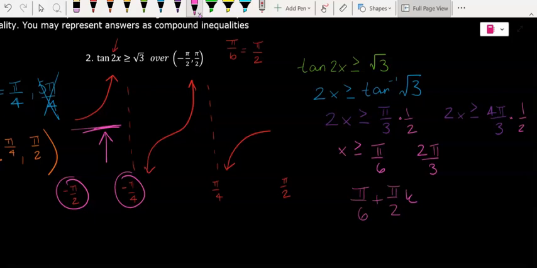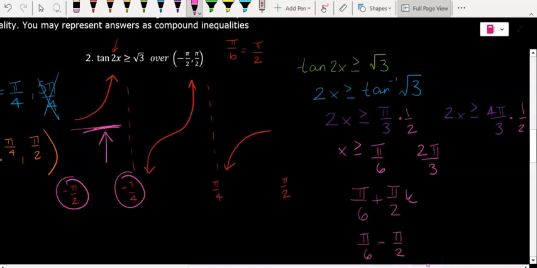And so what I'm going to do here is, instead of plugging in 1, I'm going to try -1. So that would be pi over 6 minus pi over 2. Now if I end up doing that, remember, we've got to get a common denominator when you're adding and subtracting. So then I have 1 minus 3.